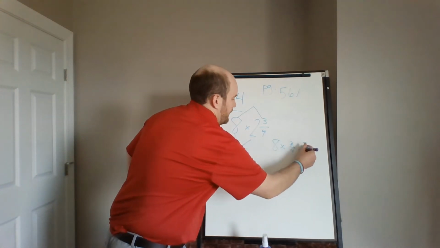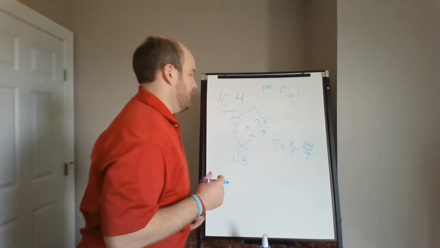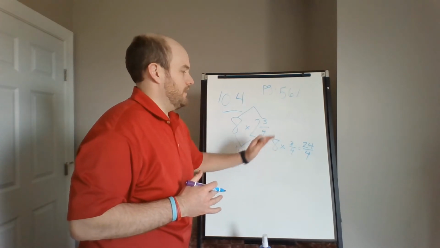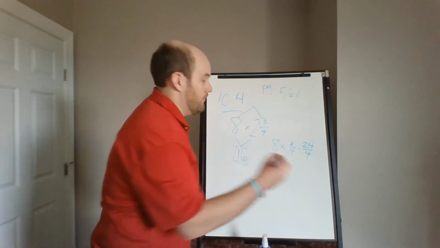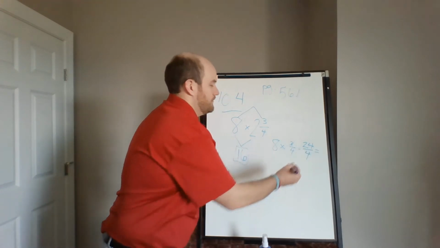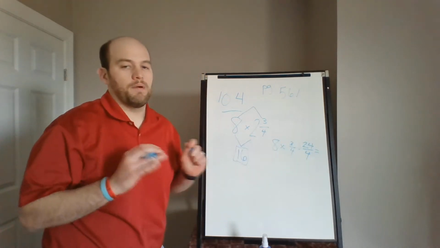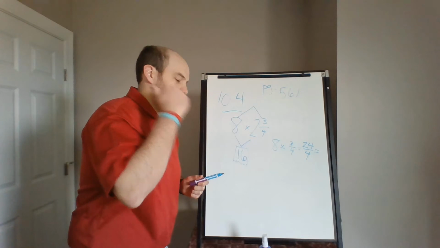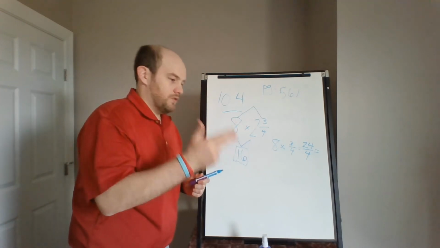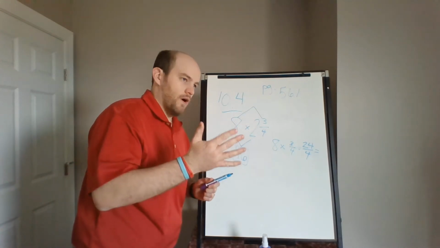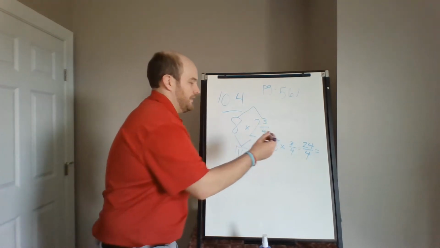So 8 times 3 equals 24, and 24 over 4 equals, how many times is 4 going into 24? Remember, improper fraction. So 4, 8, 12, 16, 20, 24. So it's 6.